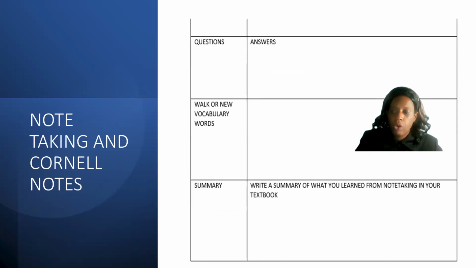And why do we need questions and answers? Because if you're not able to formulate a question after you finish writing your notes, then you didn't understand what you wrote. Everybody got that? Make sure whatever you're writing, you understand.